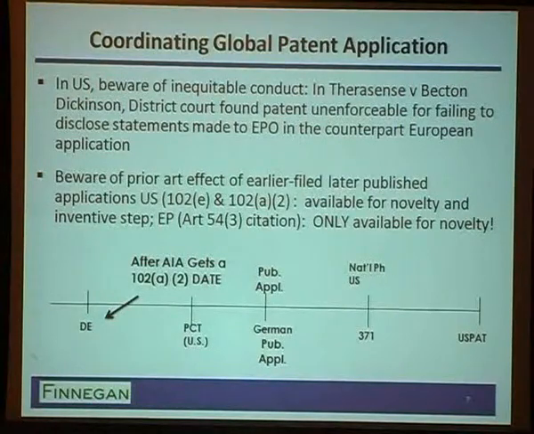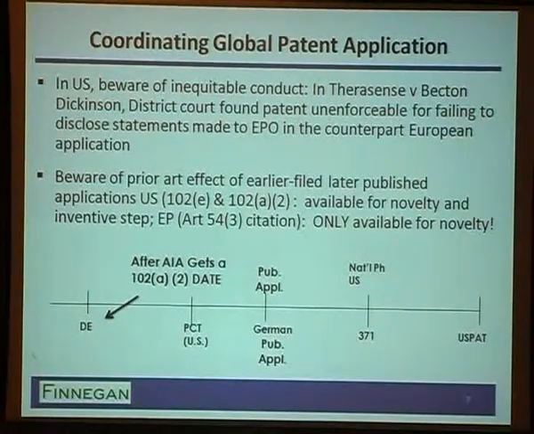The last point I would like to mention is to be careful about the prior art effect. I'm just going to focus on the ones where applications are earlier filed but later published. Under the new AIA system, such applications would be cited against you for both novelty and inventive step.